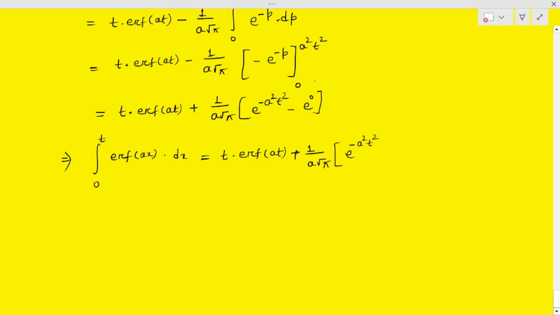Here e to the power 0 is 1. So this is your answer.